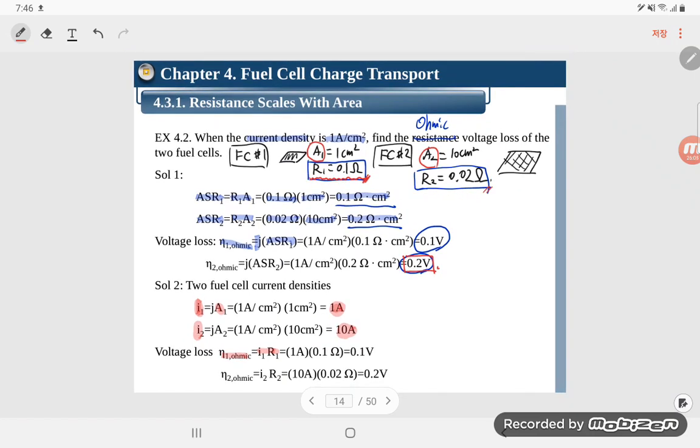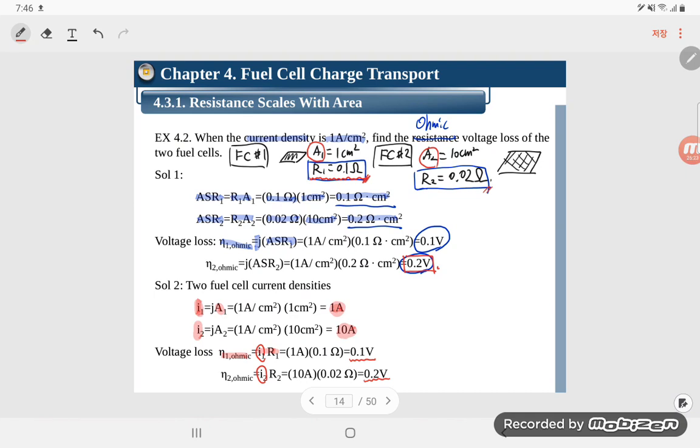If you insert this I in here, then we get 0.1 volt for the first one and 0.2 volt for the second fuel cell.